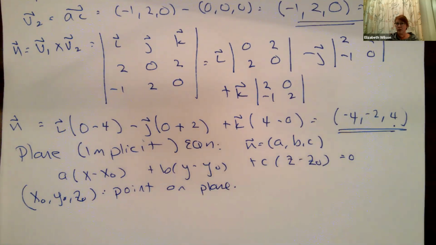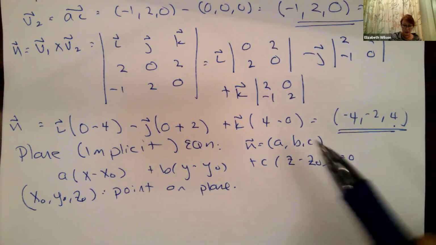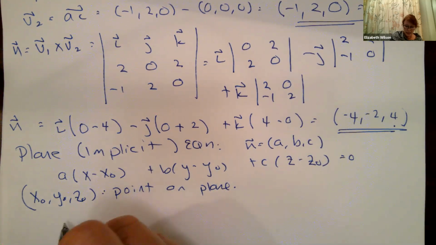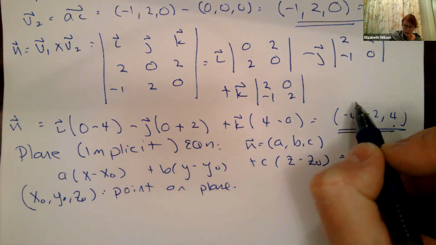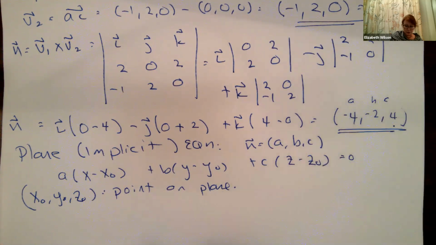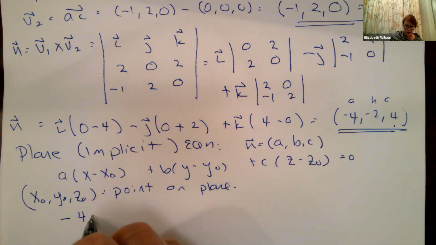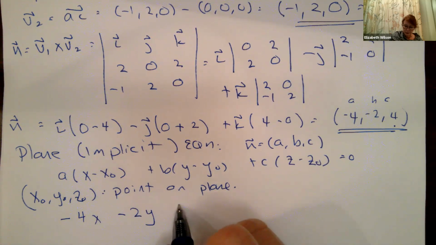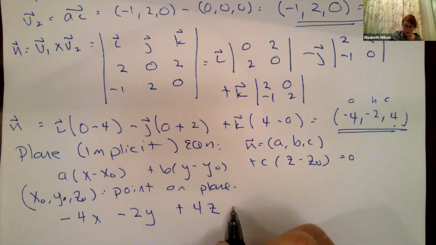I can use any one of those points that I want. I'm going to use 0, 0, 0. It's nice because it's got a lot of zeros in it. So this is my A, B, and C, these are my coefficients: -4 times x, -2 times y, plus 4 times z equals 0.